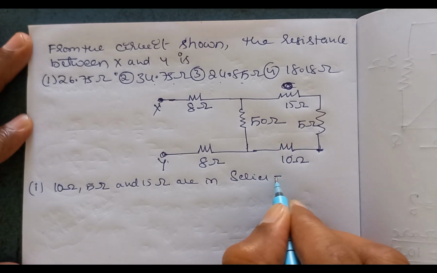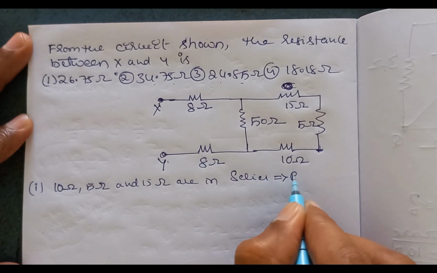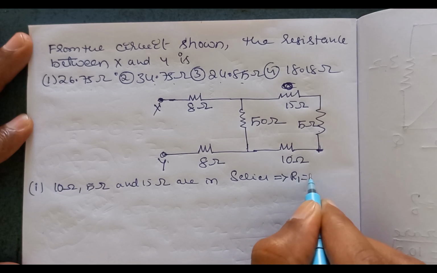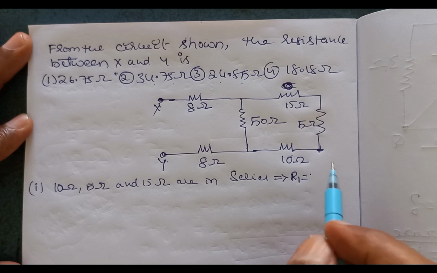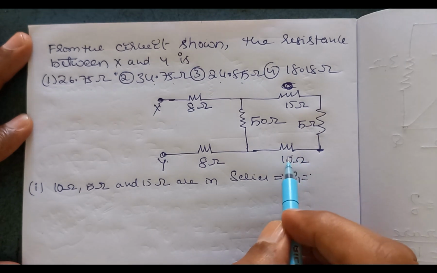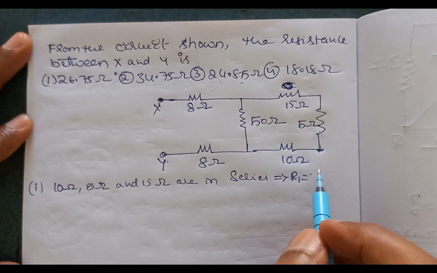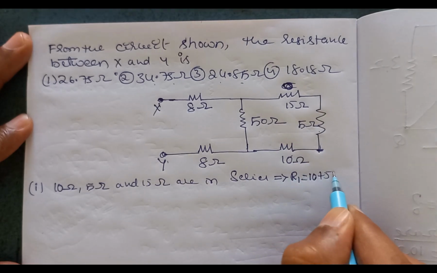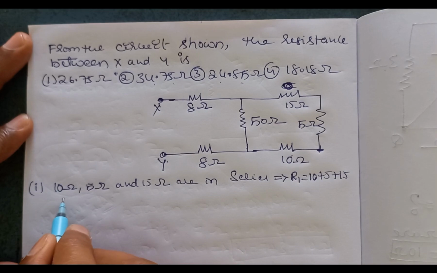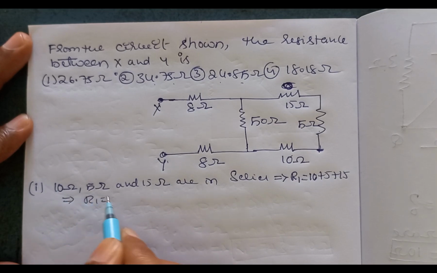So R1 is equal to, you know that when resistors are connected in series, the total resistance is the sum of individual resistances, 10 plus 5 plus 15. So R1 is 30 ohms.